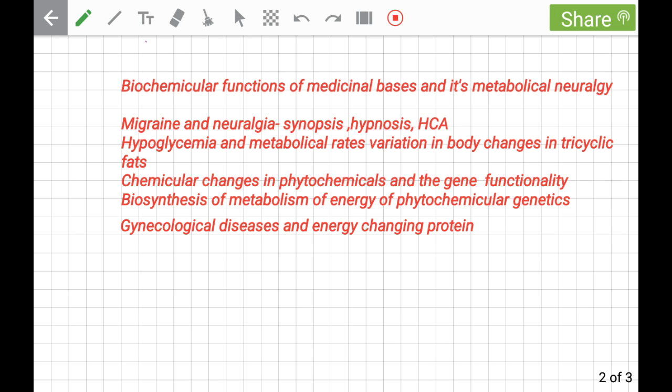The tricyclic fats have to be concentrated in a phenomenal manner. In this process of glycogenolysis, the hormones prompt adrenaline release of minerals and glucocorticoids to stimulate the liver's release of glycogen stores.